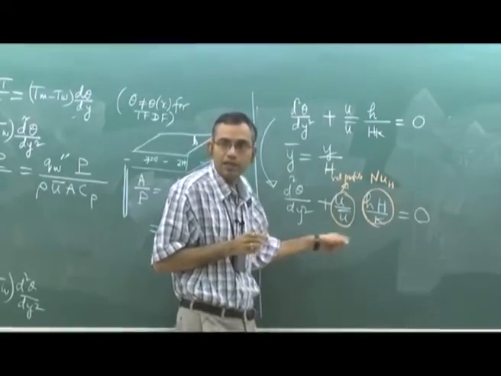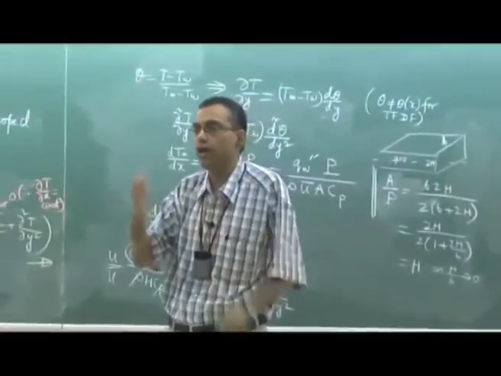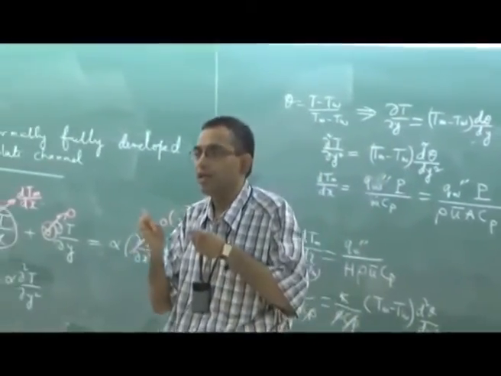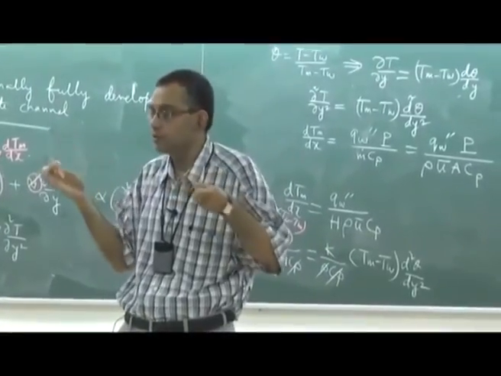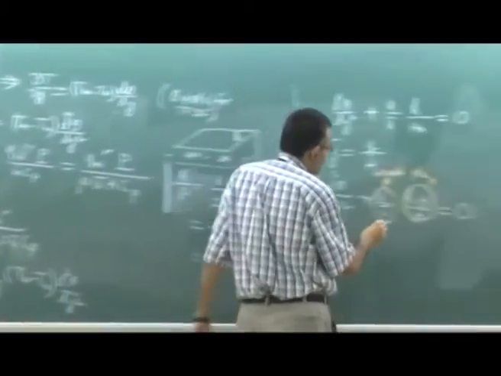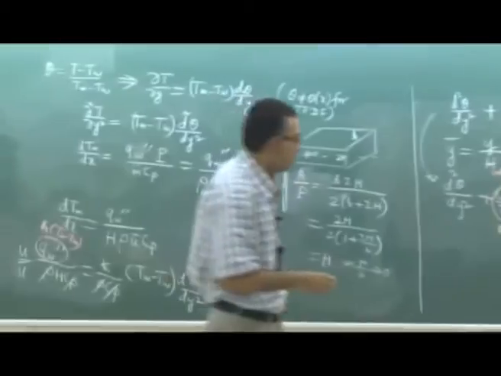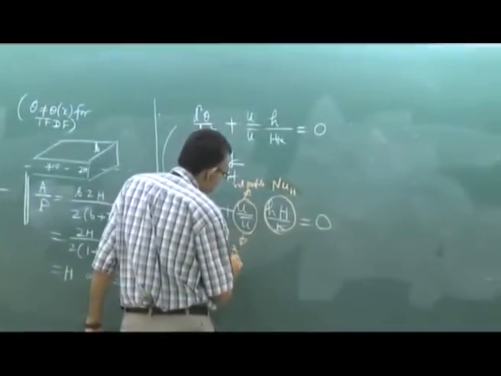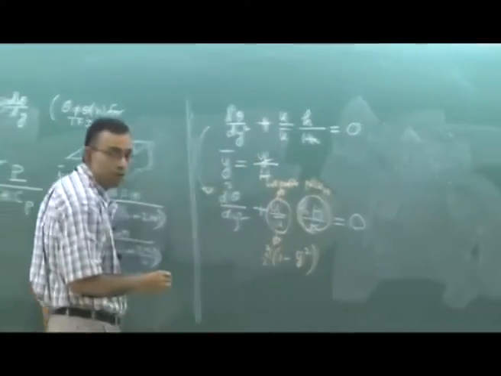I will do the derivation for a more involved scenario when u by u average is not equal to 1, but it is a fully developed pressure driven flow, that is Poiseuille flow. So for a plain Poiseuille flow, what is the velocity profile? U by u average is equal to 3 by 2 into 1 minus y square by h square.